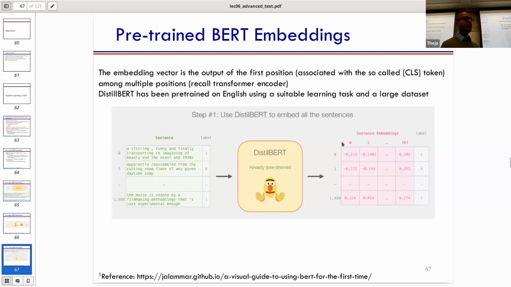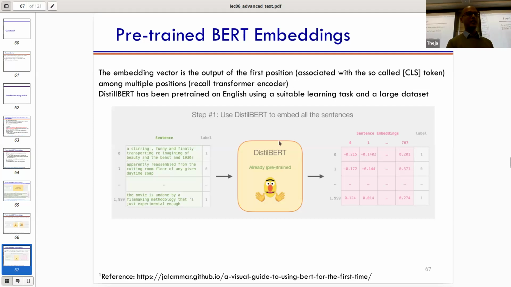The way we're going to do it is that in the DistilBERT model, there is a special token called the CLS token. It stands for classification. It's a special token, and the embedding of that token literally reflects the embedding of the full sentence. So that's what we're going to focus on.